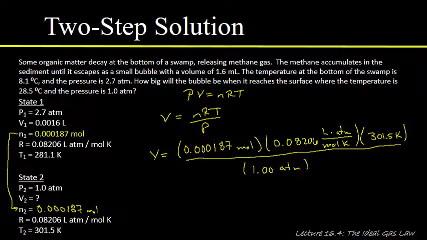All right. Let's check our units. Our moles cancel, our kelvins cancel, atmospheres cancel, and we're left with liters. Terrific. Put all of that in the calculator, and you get 0.00463 liters.